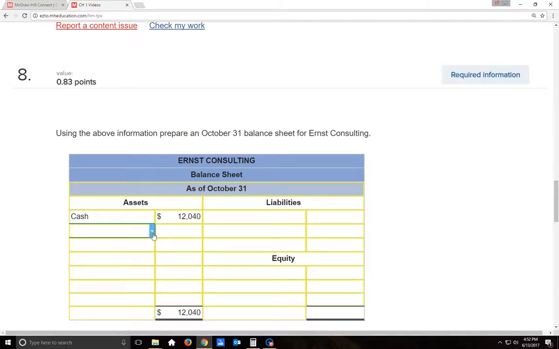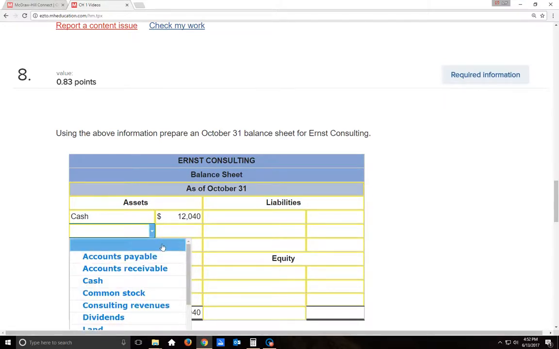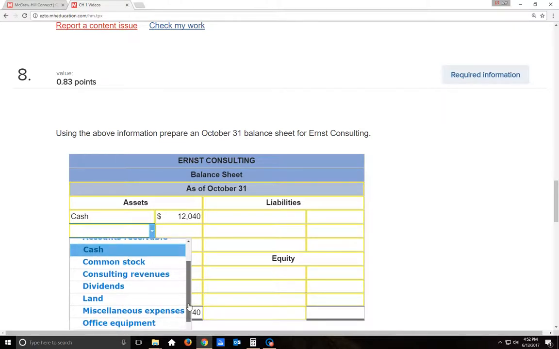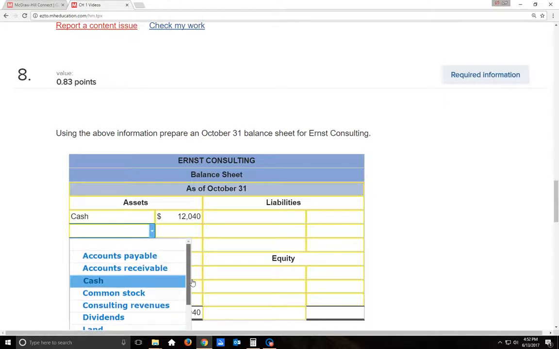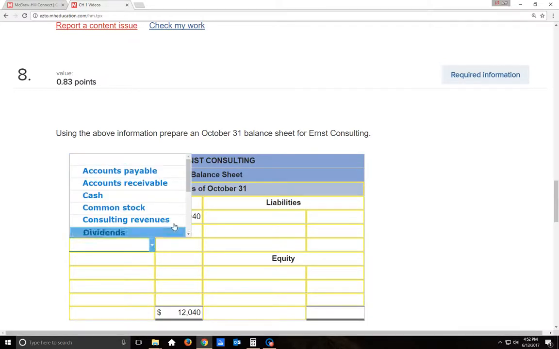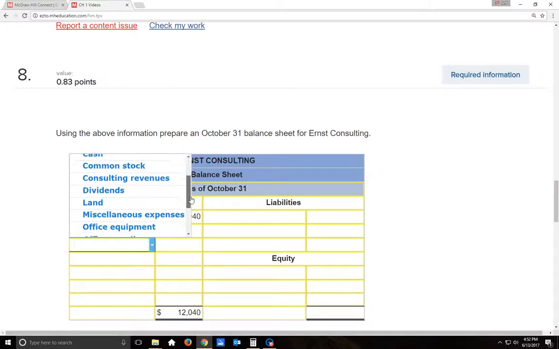What economic resource would we list next? Accounts payable, receivable, cash, common stock, consulting revenues, dividends, land, miscellaneous expenses, office equipment. Well, we definitely want to list an asset, and the next most liquid asset would be accounts receivable. Let's go ahead and complete the rest of the balance sheet as far as the asset groupings. Next, after accounts receivable, which asset should we list?